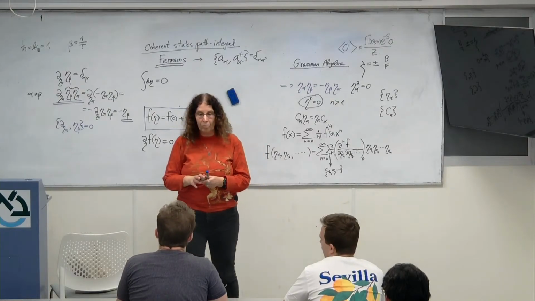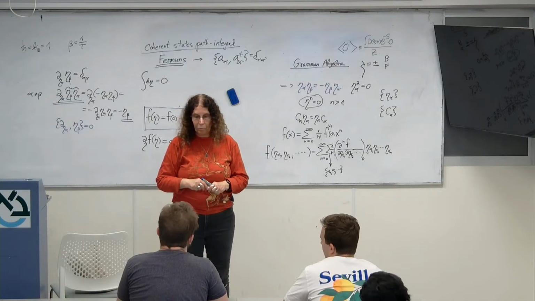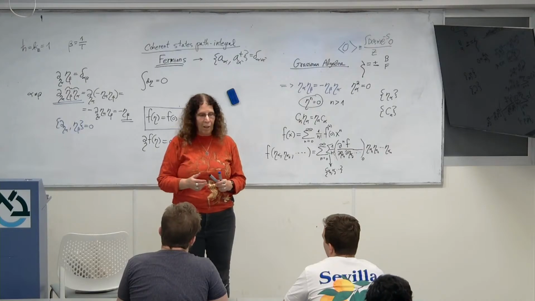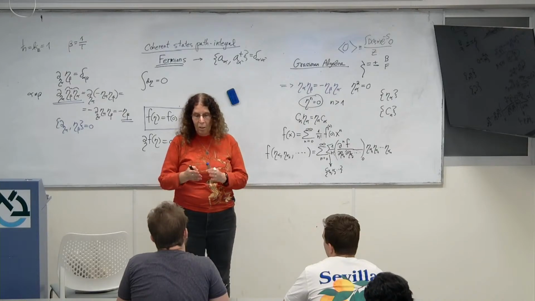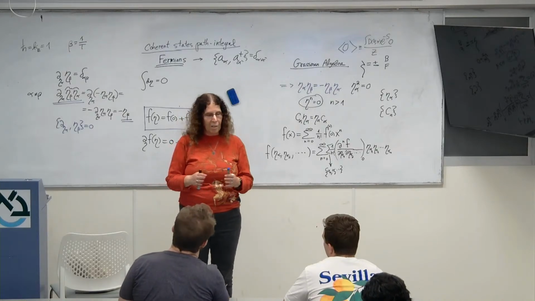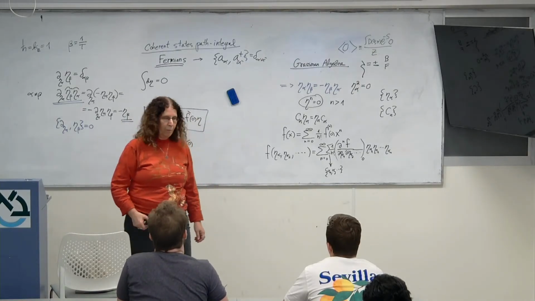There's no meaning to saying that it's positive or negative, because it depends on the order where you put it in a string of other Grassmann variables. Like complex numbers, you cannot say.